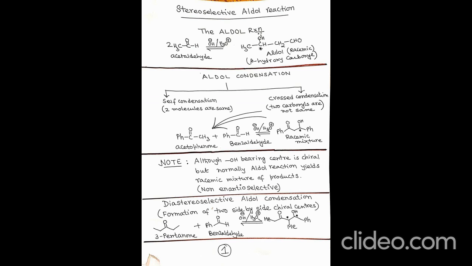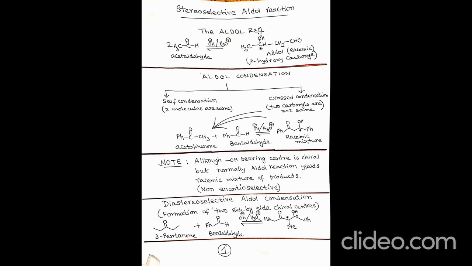Now, the question is, during this aldol condensation, whatever aldol we are getting, are we getting only one or are we getting two? If we get two, then what will be the proportion of these two enantiomers?